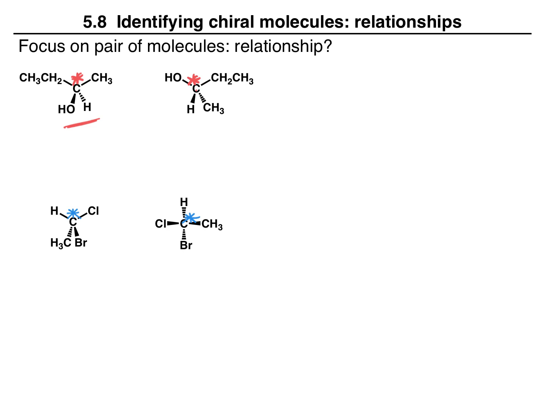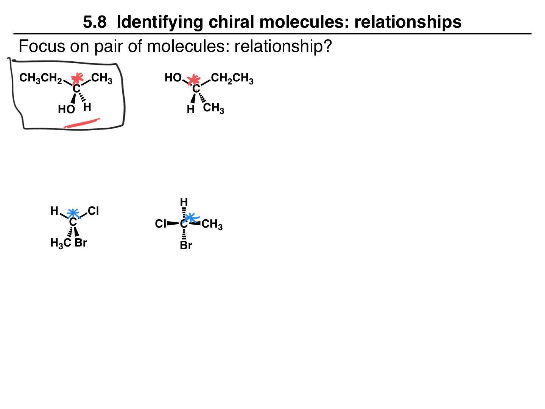Well, if we want to compare this molecule and this molecule, one way we can do this is to try to put these groups in the same orientation. So I'm going to leave this molecule alone, and I want to manipulate this molecule so that it's in the same orientation.